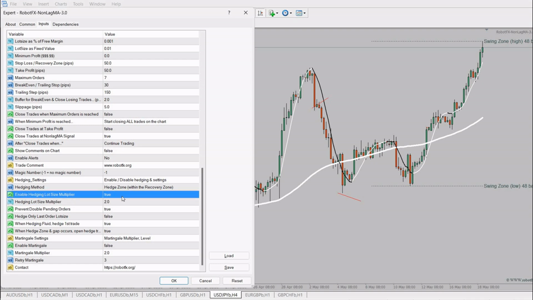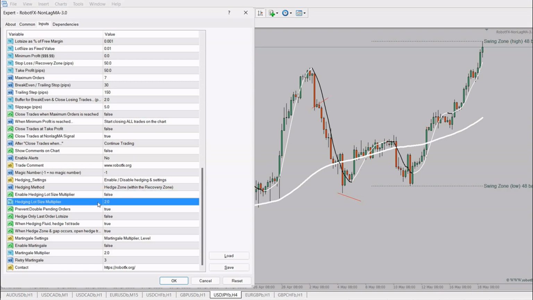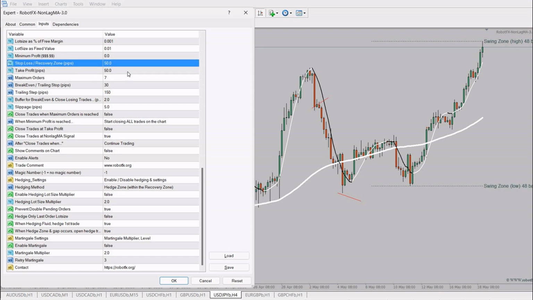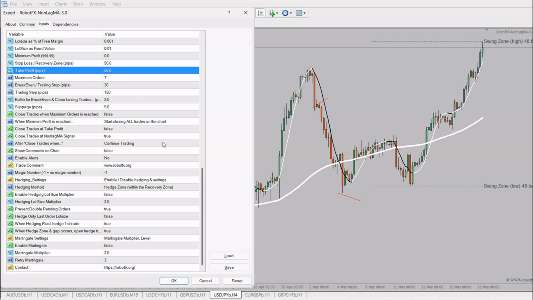And if you set it to false, the expert advisor will not use the multiplier, it will use the ratio between the stop loss and the take profit. These values will be used to determine the lot size of the hedging order, the pending order that the expert advisor will place when you are hedging and you open a normal order.